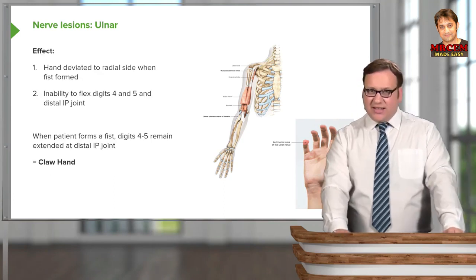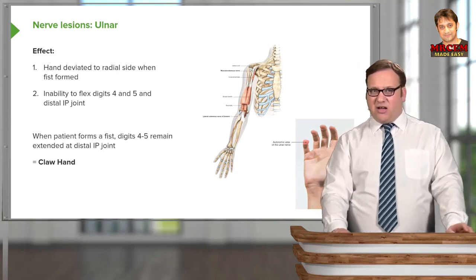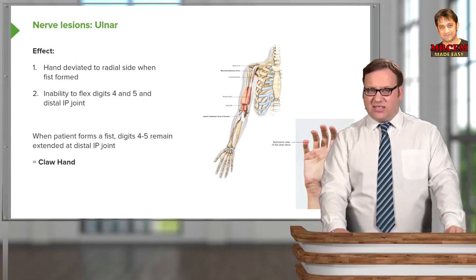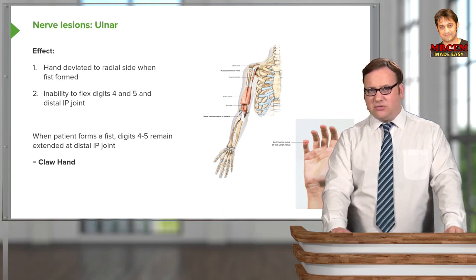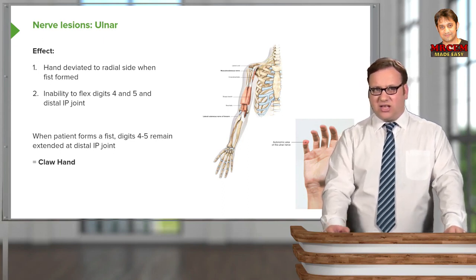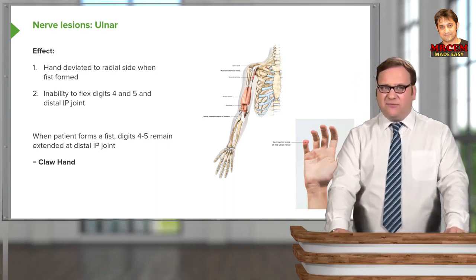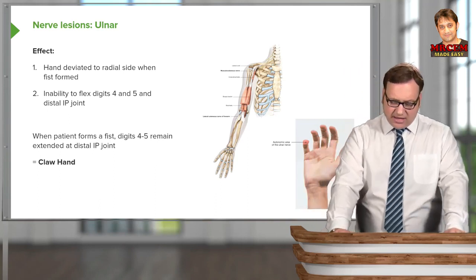The hand will be deviated to the radial side when a fist is formed because flexor carpi ulnaris is no longer able to make an even flexion of the wrist, so the radius via the flexor carpi radialis muscles will pull it towards the radial side, so you'll have radial deviation, and you'll have an inability to flex fingers 4 and 5, and also the distal interphalangeal joints.